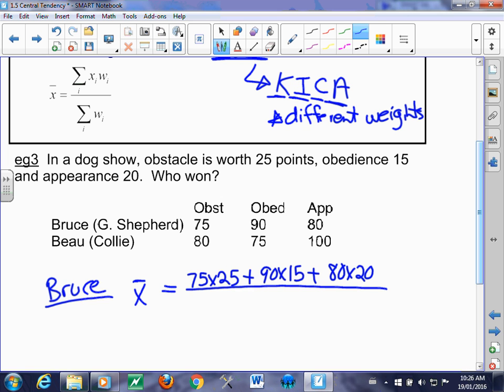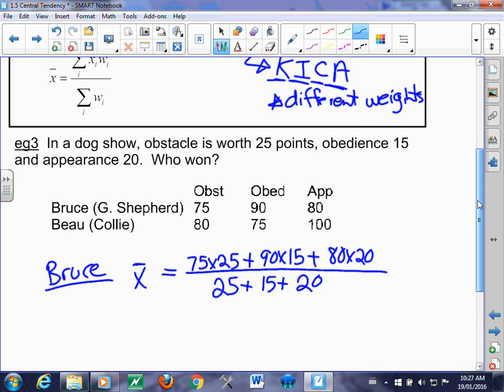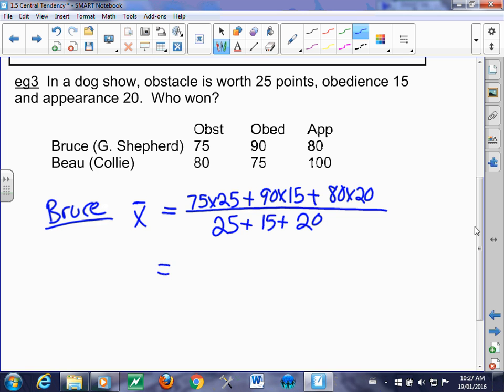And then you got to divide by your total scores. So the obstacle is out of 25, obedience is out of 15, and the appearance is out of 20. Okay? So grab your calculator, folks, and on the total you should get 4,825 divided by 60, and the total answer is a weighted mean of 80.4.